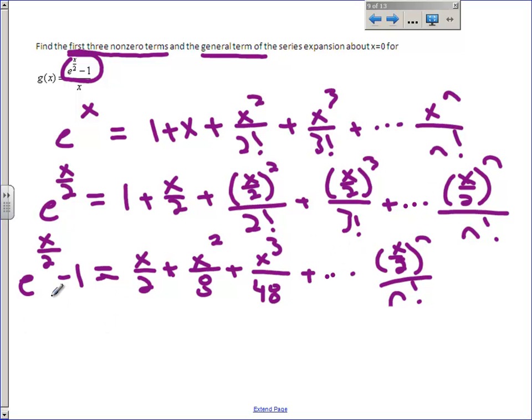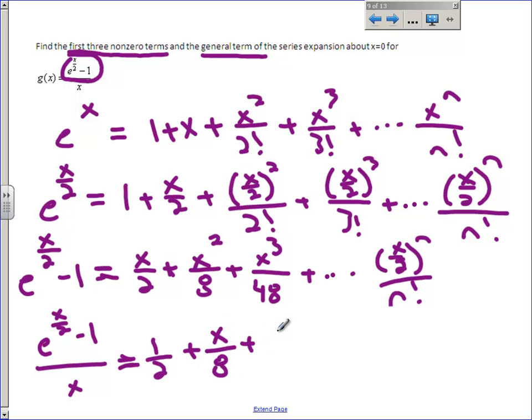Now the last thing I'm going to do is divide all of this by x. Dividing by x, just term by term, we'll divide an x out of everything. So this is going to be 1/2 plus x over 8 plus x squared over 48. It asks for the first three non-zero terms. There you go. Dividing by x and just removing one power of x.